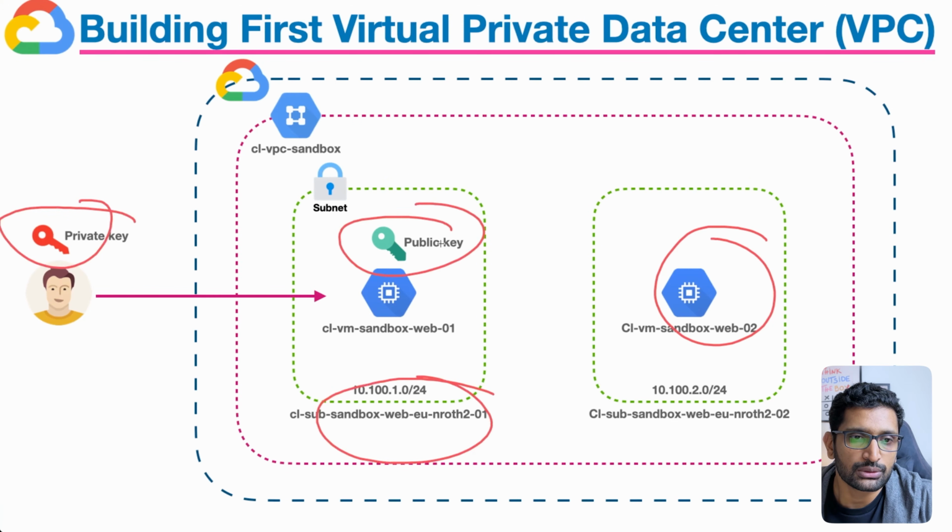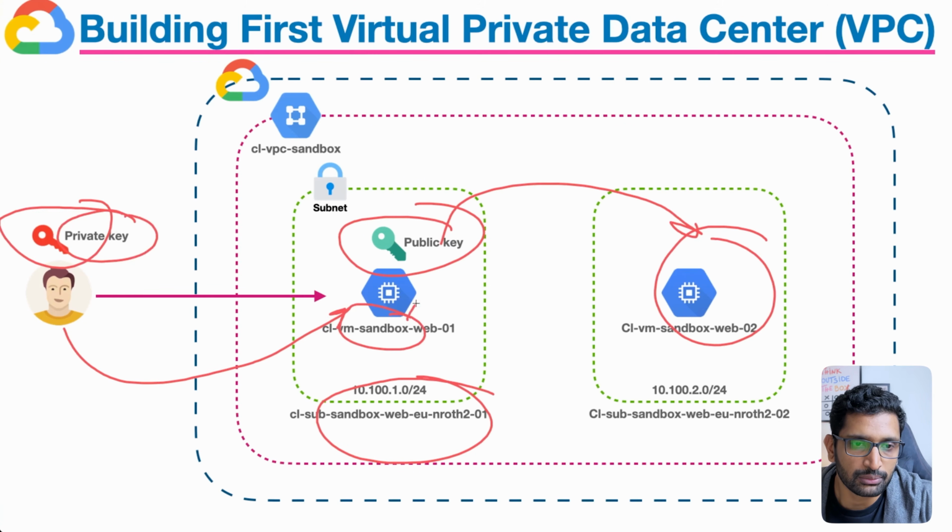Again, I'm going to use the same public key, so that this user is going to log in first into this public virtual machine. From here, this user is going to use the same private key, and from here it is going to perform the login over here.